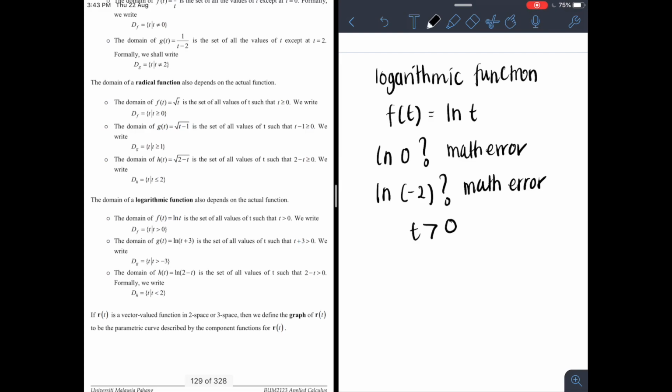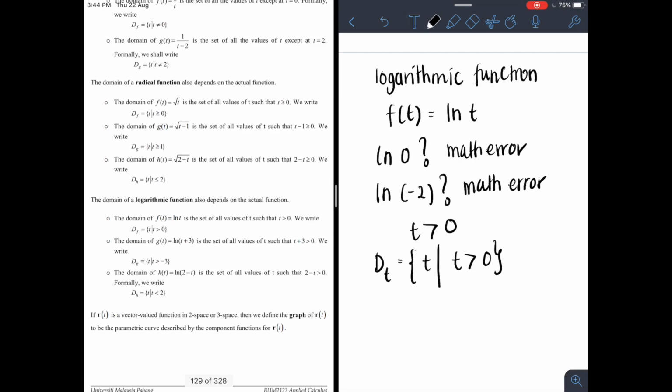This is the only way to make sure your logarithmic function is defined. So what should I do next? This is how I represent the domain of the logarithmic function, where t such that t should always be larger than 0.